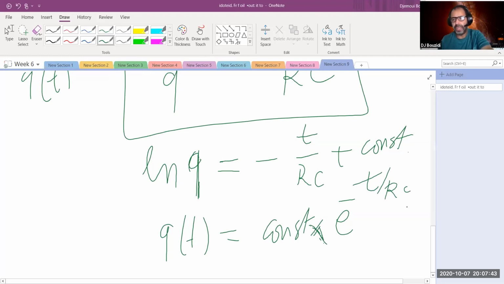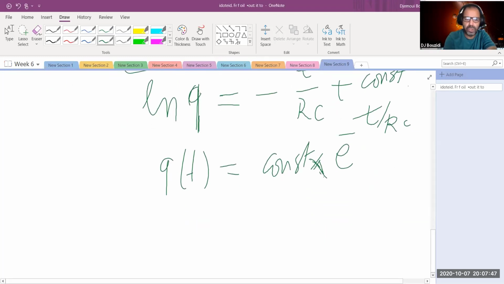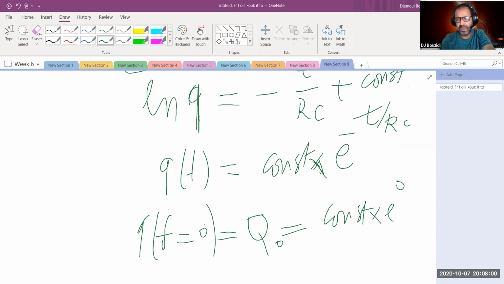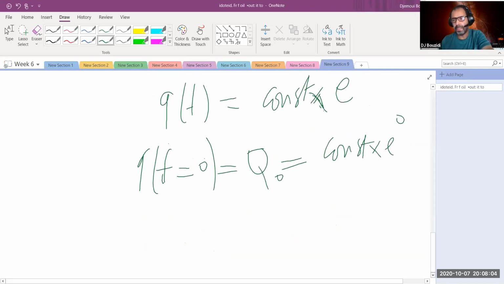Well, we know what happened at t equal to 0. At t equal to 0, the charge was Q naught. So all I have to do is sub in this expression by 0. So it's going to be the constant times the exponential of 0, and exponential of 0 is 1. So the constant itself is actually Q naught.